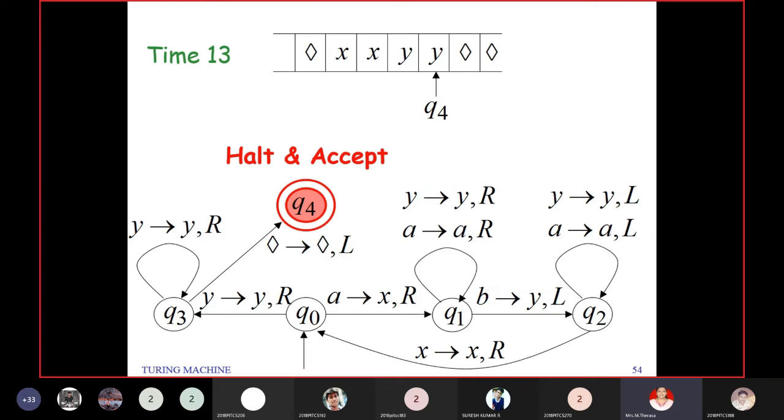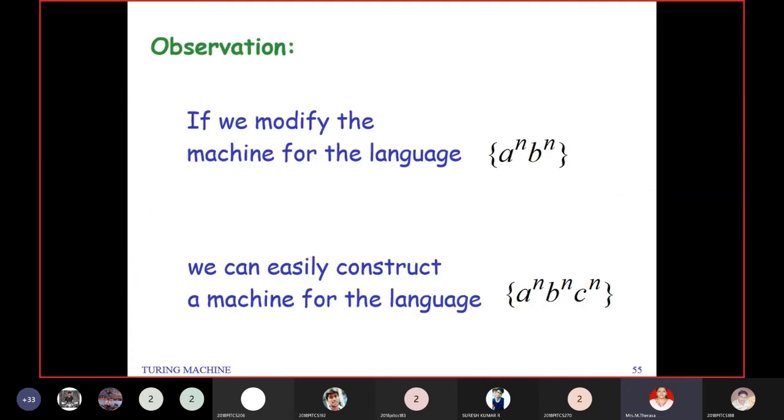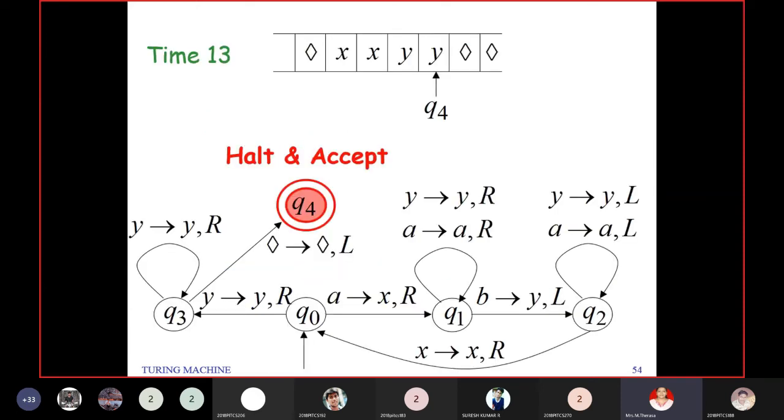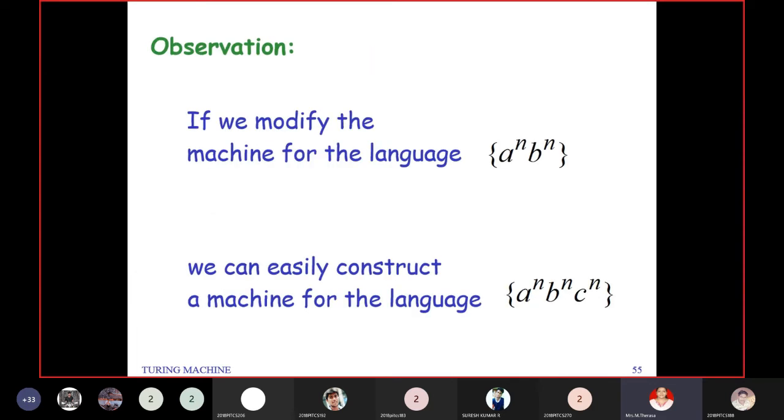So here Y is pointed by the read write head, but Q4 is the final state or halting state, the machine halts here.